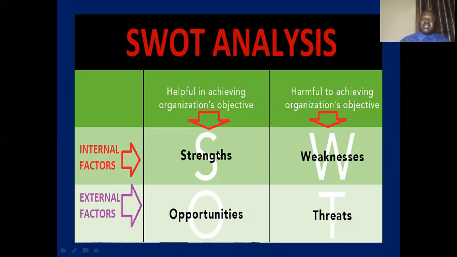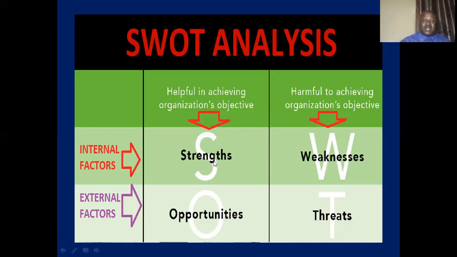Then when we look at the rows or the horizontal axis, we have in the first row internal factors. Internal factors can either be harmful or helpful. The helpful ones are strengths, and the harmful ones are weaknesses.